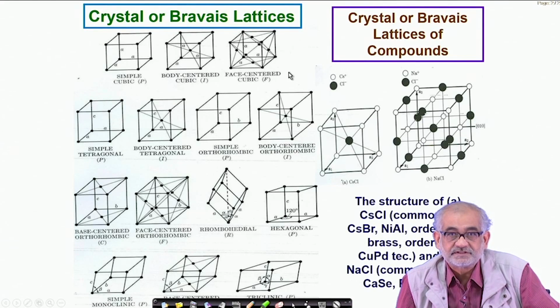When we go into crystal or Bravais lattices, then we are talking about atoms or ions or molecules possible to be located both at corners and non-corner sites or non-primitive sites.